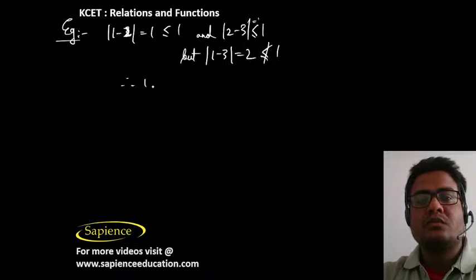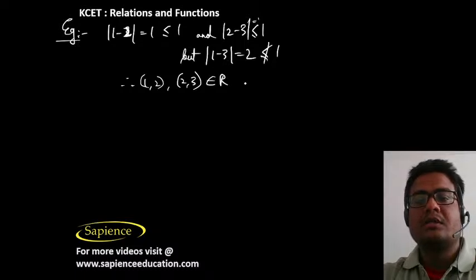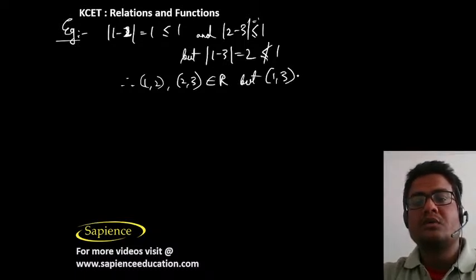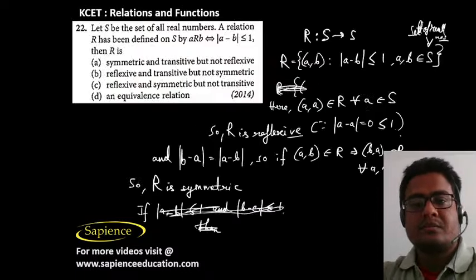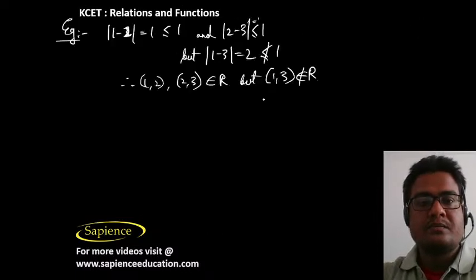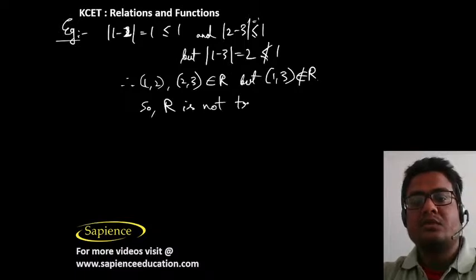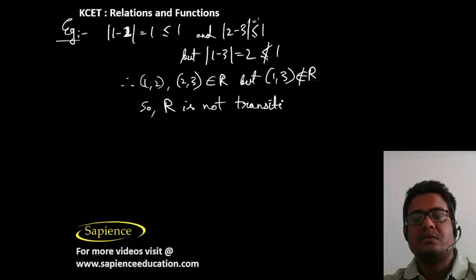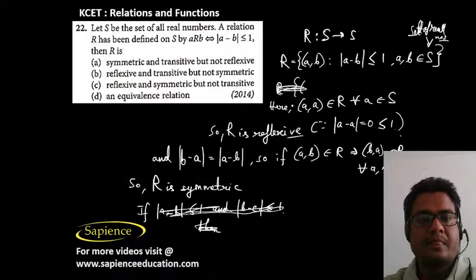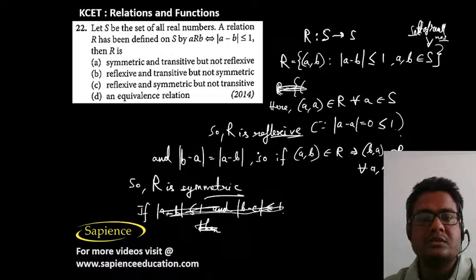So therefore here 1 comma 2 and 2 comma 3 belong to the relation R, but 1 comma 3 does not belong to the relation R. So I can say that the relation R is not transitive. So the relation R is reflexive and symmetric but not transitive. So option C is the correct answer.